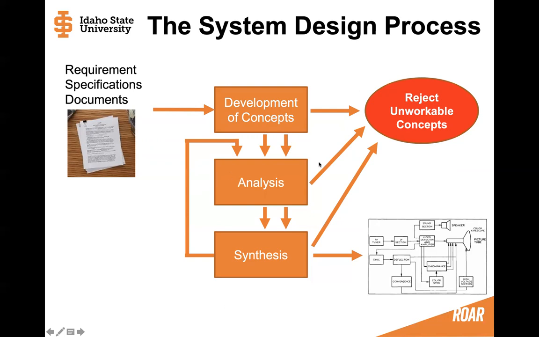And all along the way, anytime that you come up with a process or a solution or a subcomponent that doesn't work, just go ahead and reject that. So follow this through this iterative process. And by doing this, you will go from a requirement specification that tells you what needs to happen with the overall system into a block diagram that describes how it's going to be implemented.